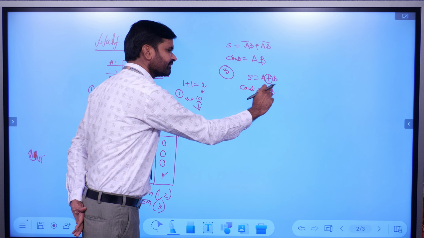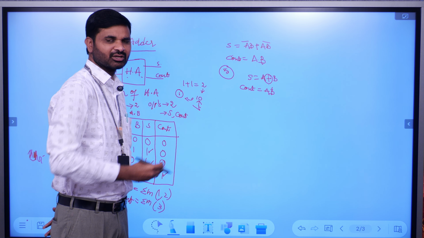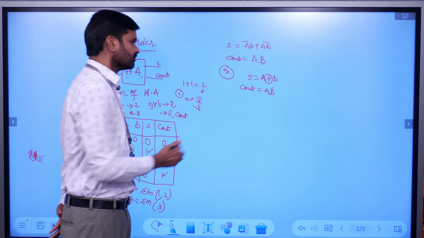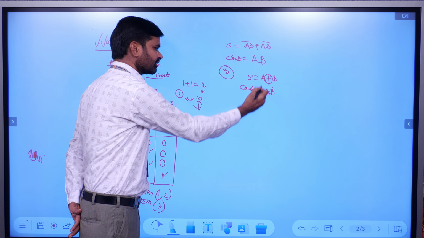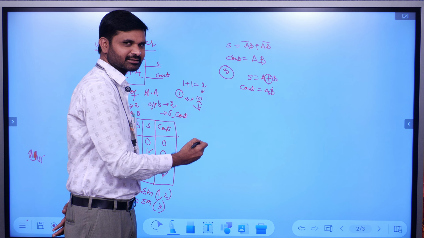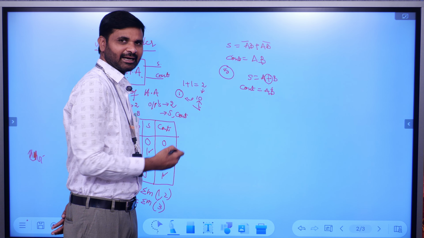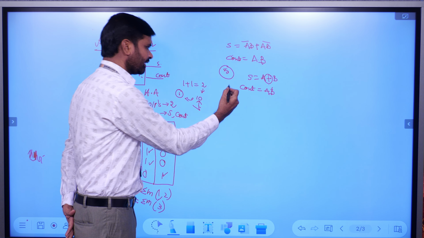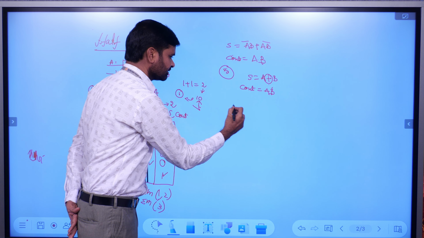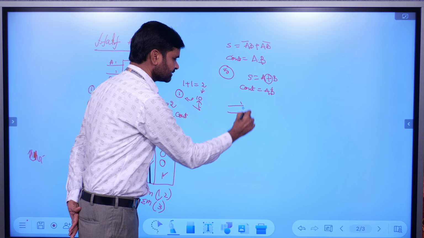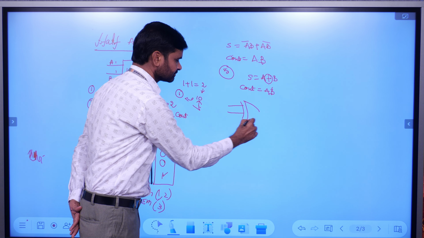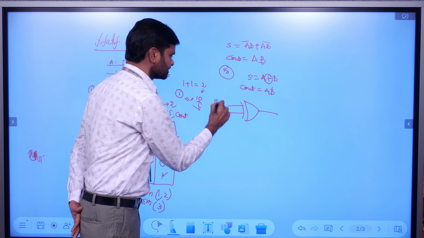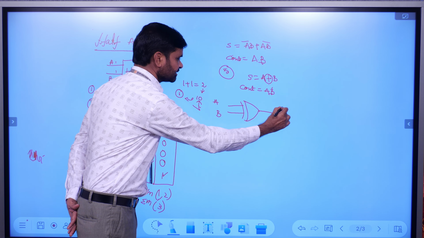These logic gates are available to us in the form of basic logic gates and universal logic gates. Here the basic logic gates are AND, OR, NOT, XOR and XNOR, while NAND and NOR gates are the universal logic gates. So I'm going to draw the logic circuitry of this design in terms of standard logic gates, A XOR B. This is A and this is B. This is equal to sum.